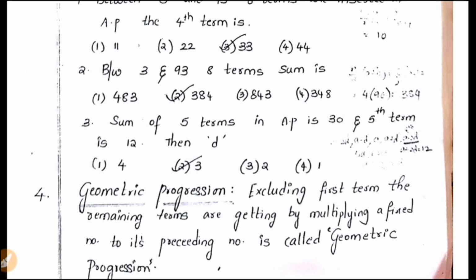If you add all of these, you will get 30, since all the D will be cancelled. So 5A is equal to 30, and A is equal to 30 by 5, which is 6.